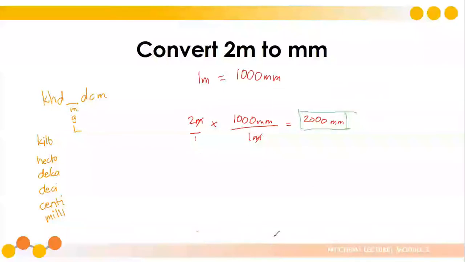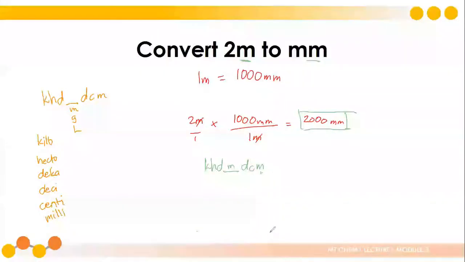So again, we have the KHD, base unit, DCM. Since the base unit for this one is meter, let's put it here. Okay, and then we're converting it to millimeters, which is this one.